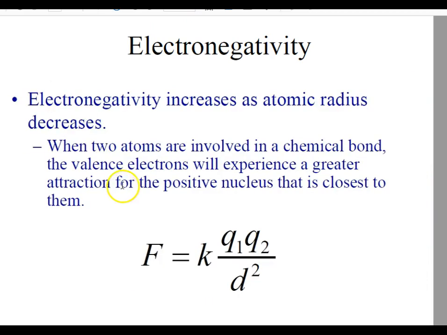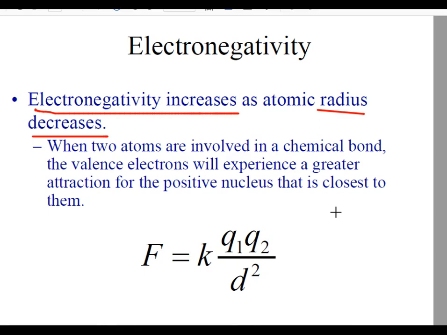All right, so why is that? Well, you can see that it's opposite of the atomic radius trend. So the electronegativity increases as the radius decreases. Because when two atoms are in a bond, if the atom's big, then those electrons are going to be further away from the opposite nucleus.